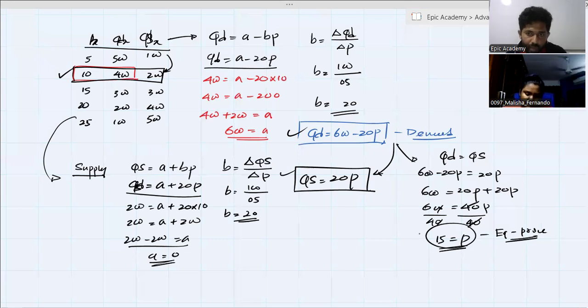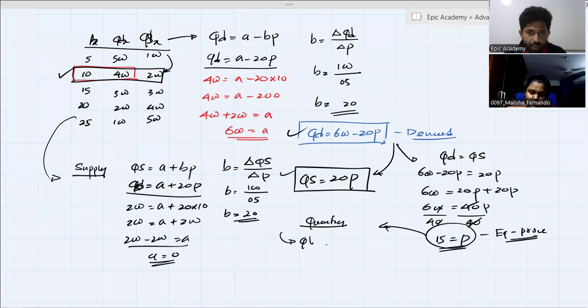Use that equilibrium price to calculate the equilibrium quantity. You can use any equation, whether QD or QS, the answer must be the same answer.